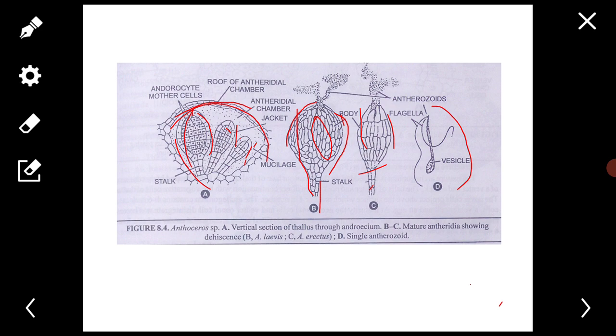In the meantime, the roof of the antheridial chamber breaks and opens on the dorsal surface by a central pore.